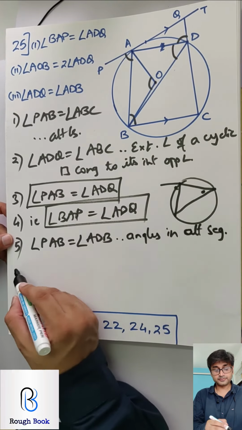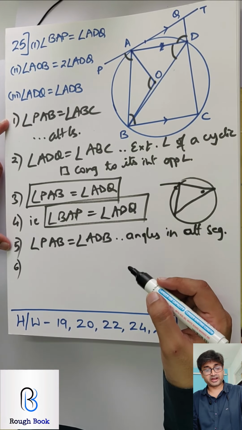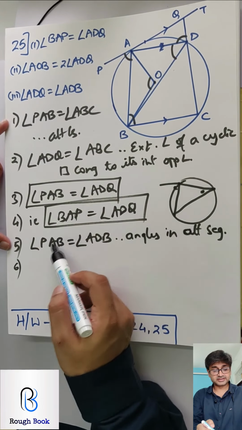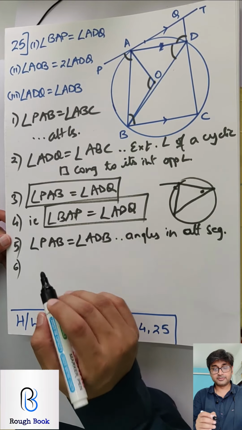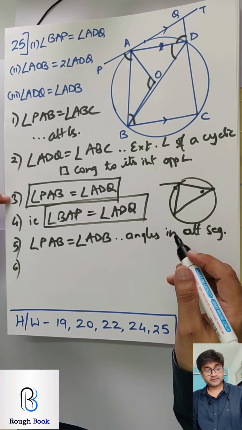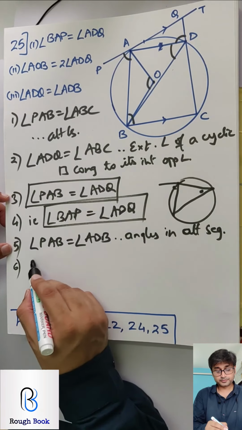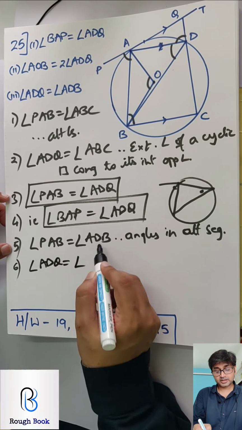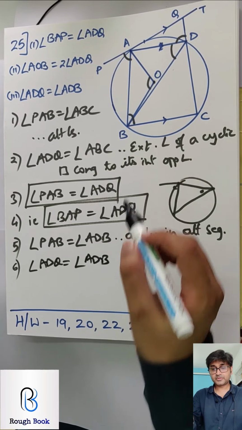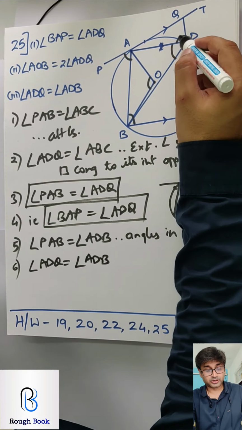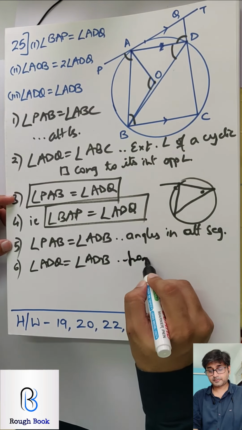We got these two equal. Now look at 3 and 5. PAB gets cancelled. ADQ is equal to ADB. That means these two have become equal now from 3 and 5.